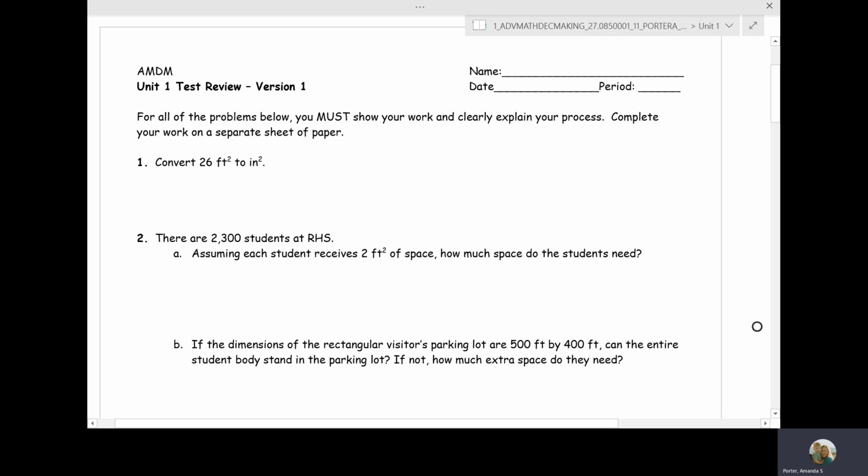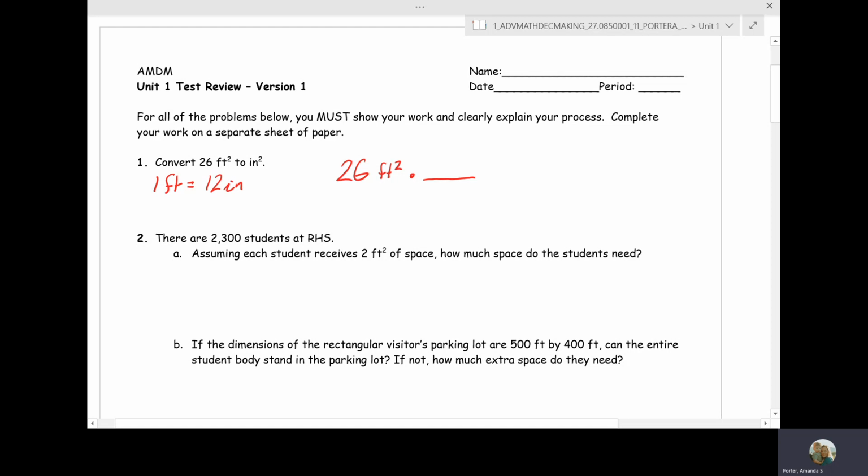So our first question is just to convert 26 square feet to square inches. If you'll remember, 1 foot is 12 inches. I think the easiest way to do this, I think of this as dimensional analysis. 26 square feet, I'm going to multiply it by, now I want to put feet on the bottom because I want to get rid of feet.